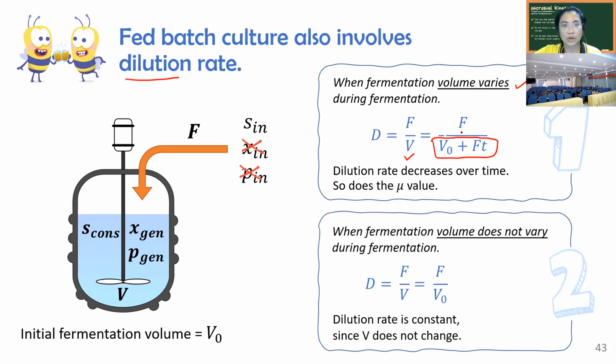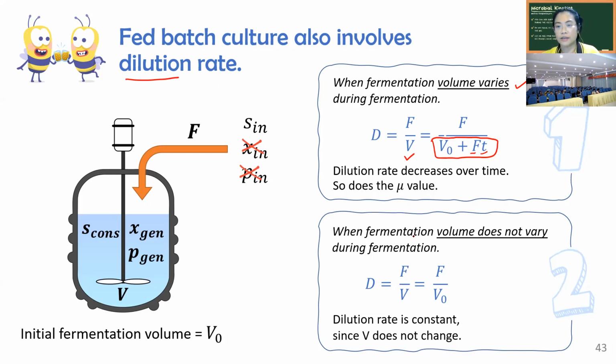So your dilution rate in this case will vary as the fermentation goes. Since the flow rate could be constant and the time increases, the denominator increases over time, so the dilution rate decreases over time. And since the dilution rate decreases over time and we have quasi-steady state, the mu decreases as well over time, if the feeding causes the change in volumes.